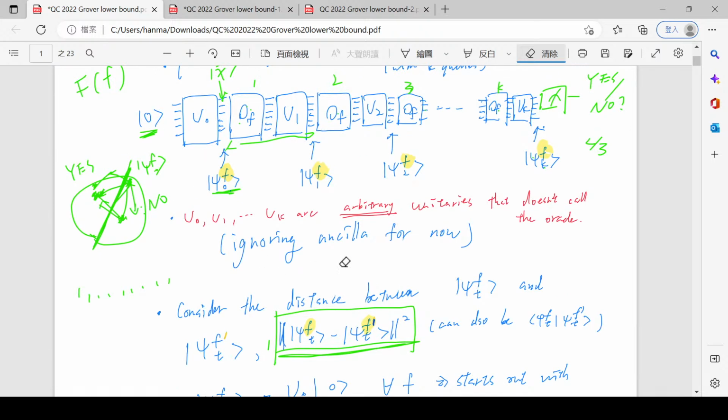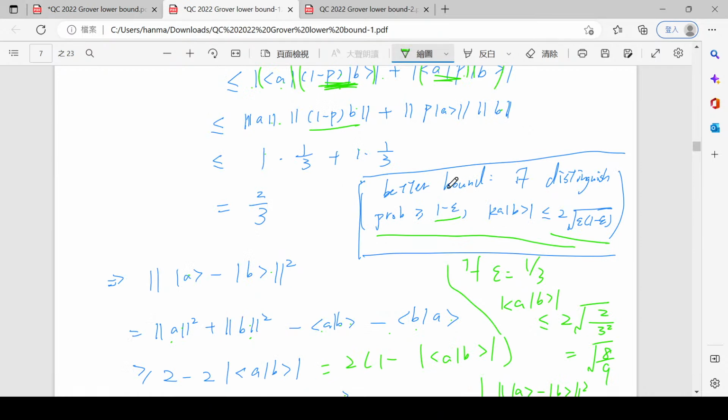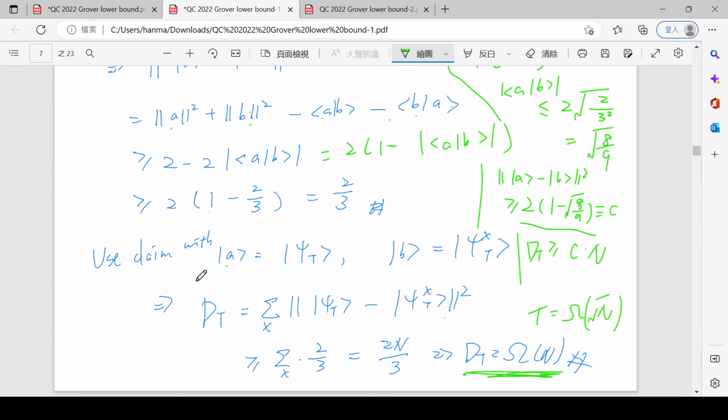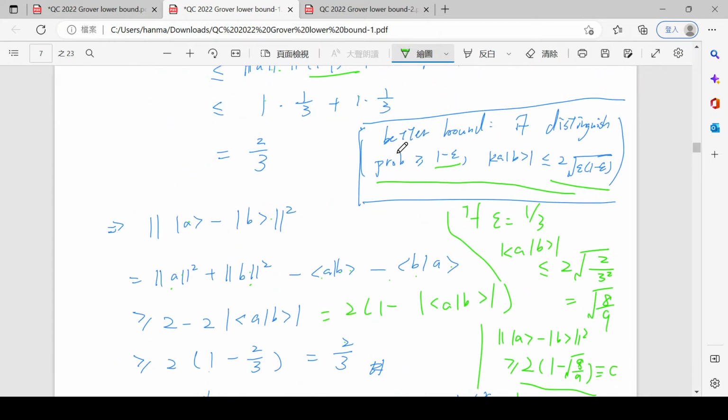So if you accept a yes instance with at least 1 minus epsilon probability, and you accept a no instance with at most epsilon probability, then whatever state here and whatever state here, their inner product cannot be too big. You can translate inner product to these differences pretty easily. Anyway, the inner product upper bound is 2 square root epsilon times 1 minus epsilon.